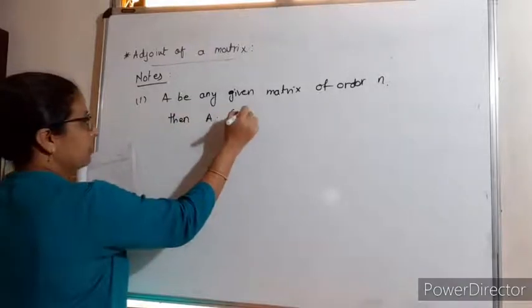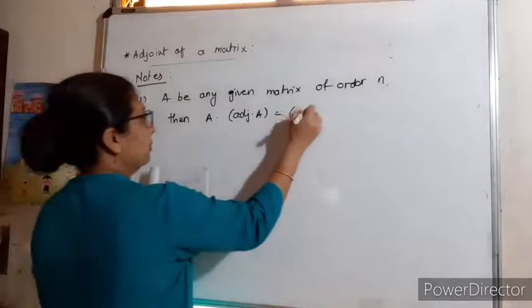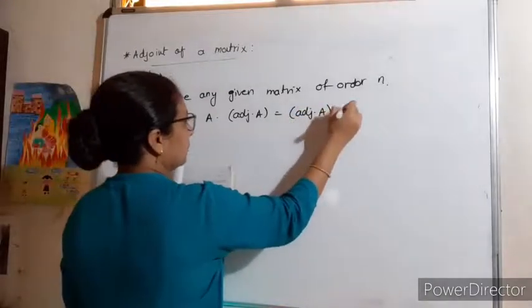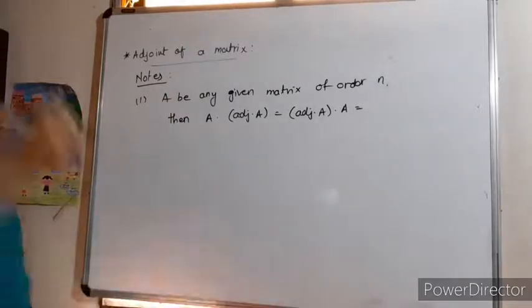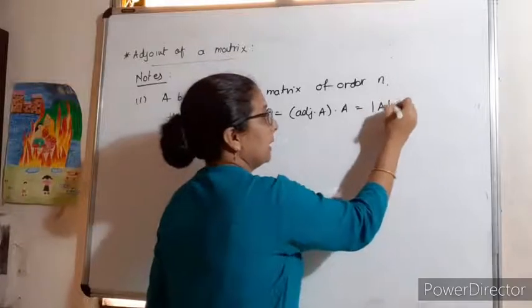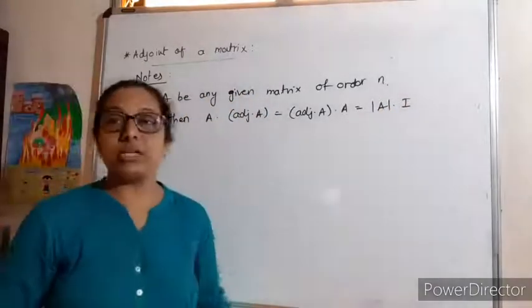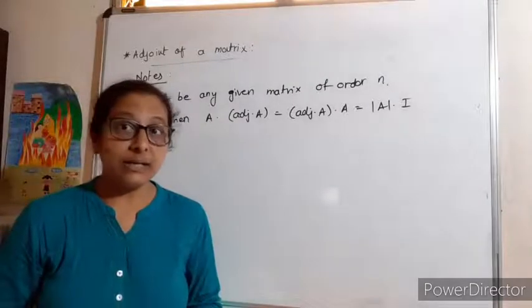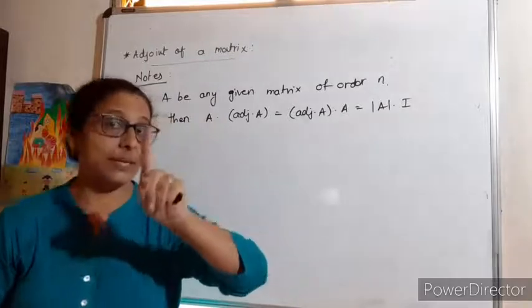Okay. Then A into adjoint of A is equal to adjoint of A into A. If you multiply A and adjoint of A, or adjoint of A into A, you will get determinant of A into I. What is I? It is the identity matrix. 1, 1, 1 is the principal diagonal.